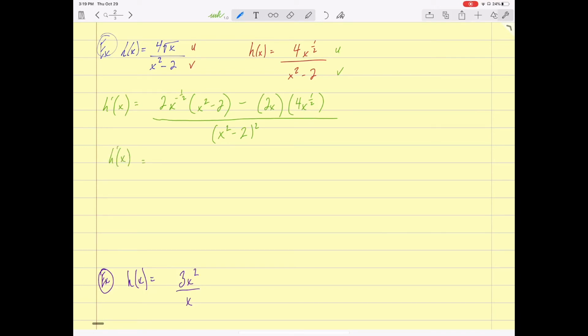Okay, so when you do this part, remember, if you're multiplying exponents, or multiplying bases that are the same, you add exponents. So this first one would be 2x to the 3/2 minus 2x to the negative 1/2.